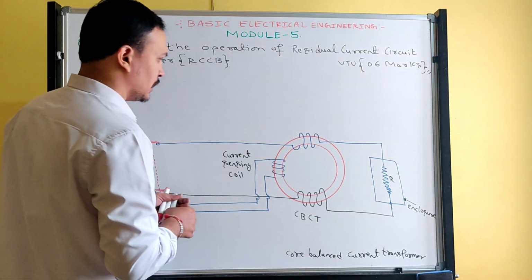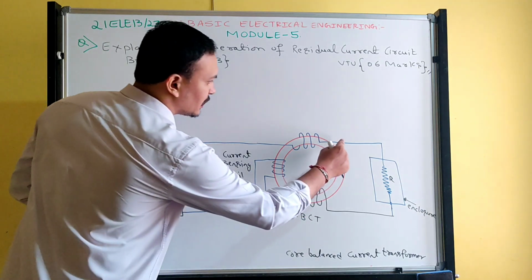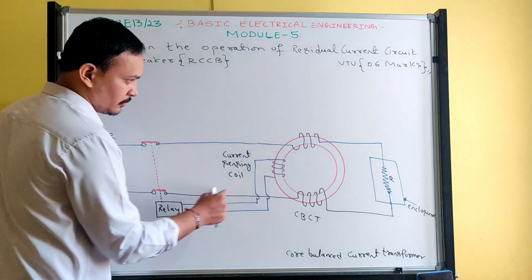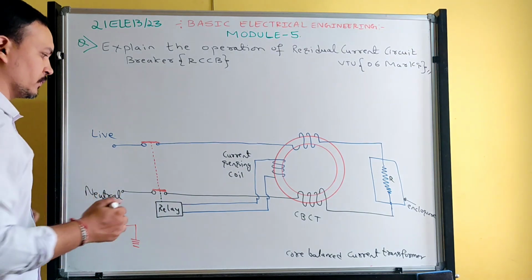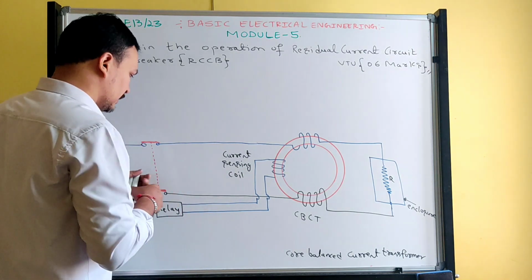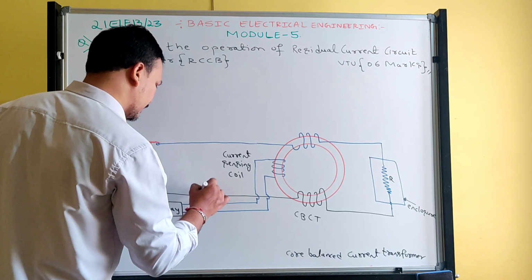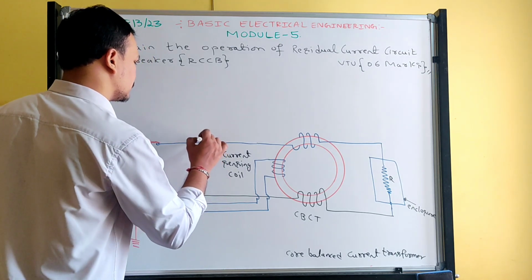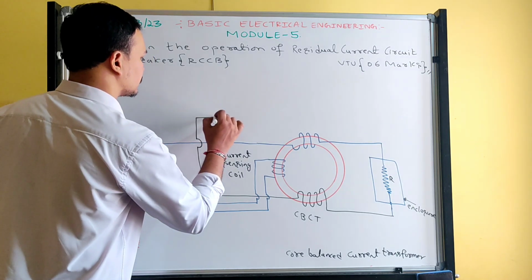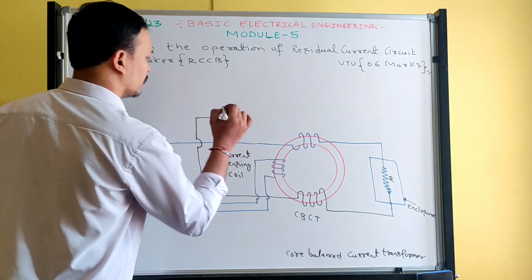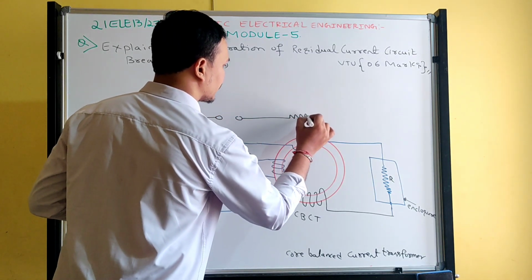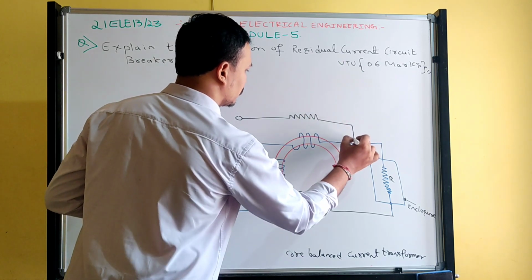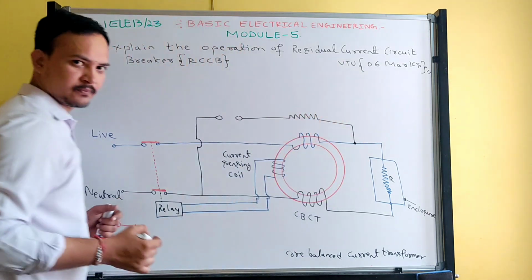Now between live and neutral, you connect the test circuit. This is the way you should write the test circuit. The test circuit will have a resistor whose value is very large, higher resistance.